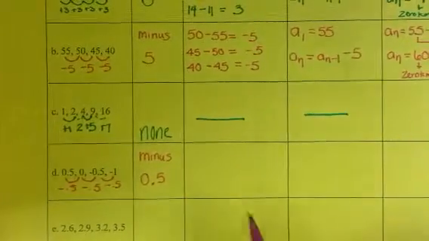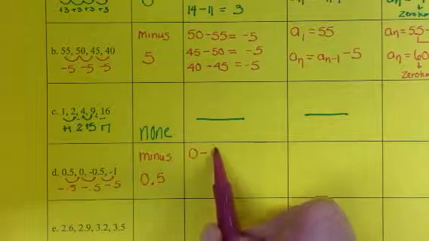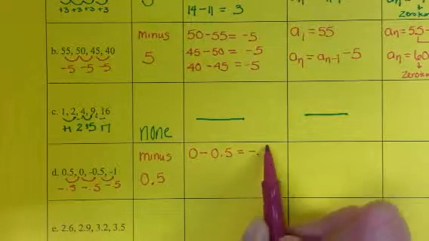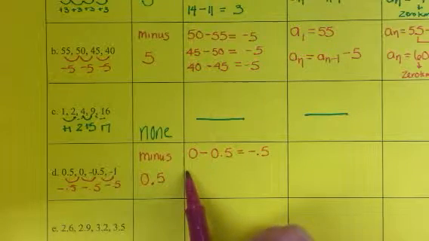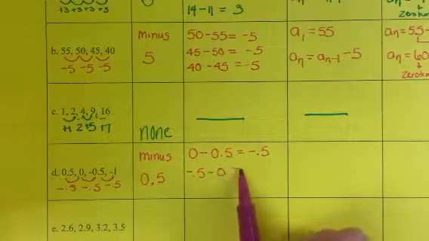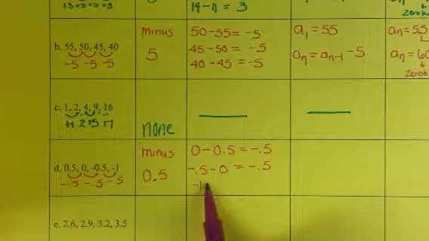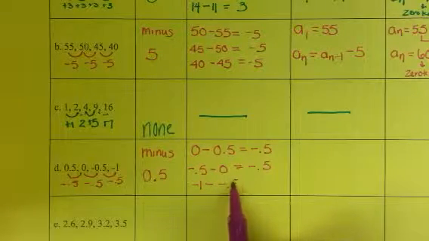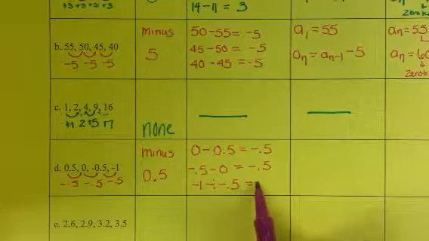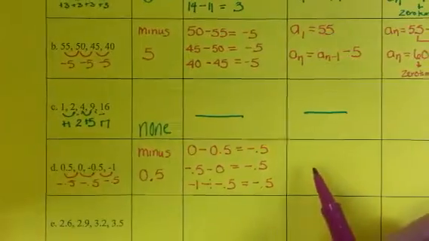So to check your pattern, you're going to take your next term, which is 0, minus the previous term, which is 0.5, and you're going to get negative 0.5. Next one, negative 0.5 minus 0, I'm going to have negative 0.5. Last, negative 1 minus negative 0.5, again, two negatives make a positive. Negative 1 plus 0.5 makes negative 0.5. And you can check this using your calculator if you need to.